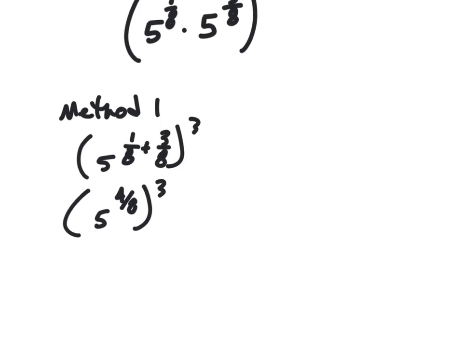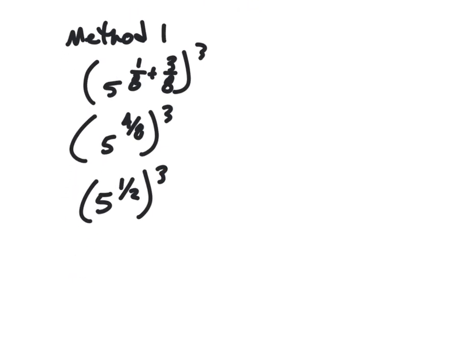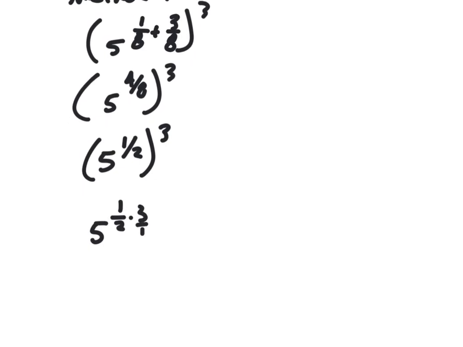And then you can simplify this fraction first, okay? And 4/8 is just a half, so I'm going to do 5 to the 1/2, that whole thing cubed. And then I'm going to multiply 3 times a half. So my next step would be 5 raised to the 1/2 times 3 power. Okay, and I'm going to put that 3 over a 1 so I can multiply those fractions. And then I'm going to get 5 to the 3 times 1, which gives me 3.